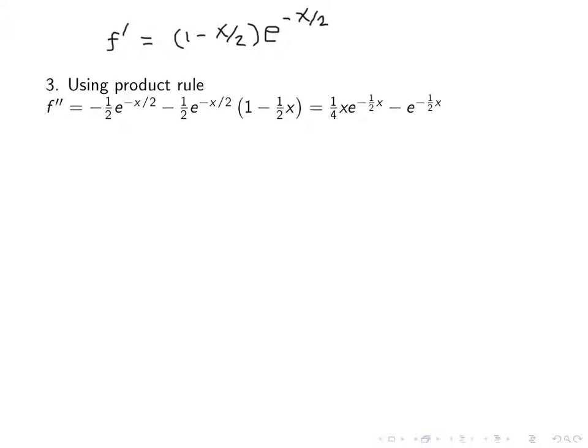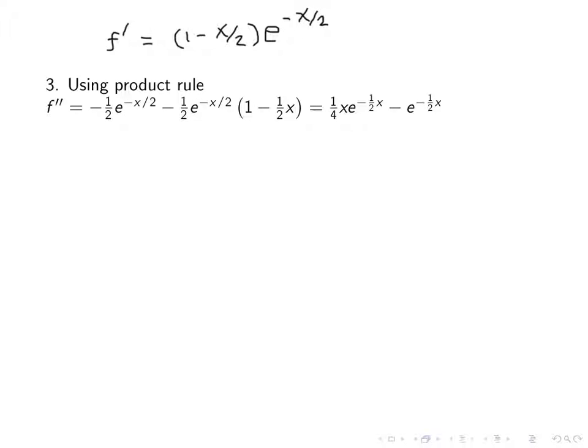So calculating f double prime using the product rule, we get the derivative of the first factor, which is minus 1/2, that's the coefficient of x, times the second factor, e to the minus x over 2, plus the derivative of the second factor, which is minus 1/2, that's the coefficient of x in the exponent, times e to the minus x over 2, times the first factor, 1 minus x over 2, or 1 minus 1/2 x. So make sure you can walk through that and see where we got each of the terms here.